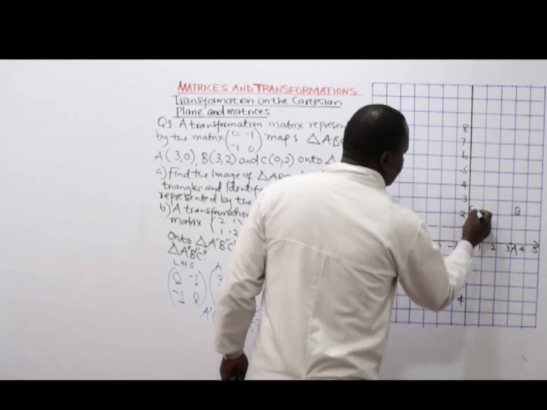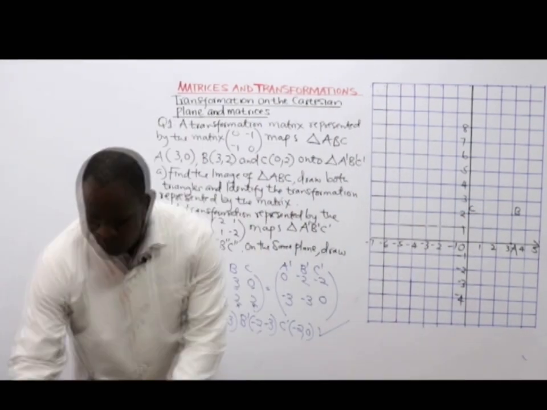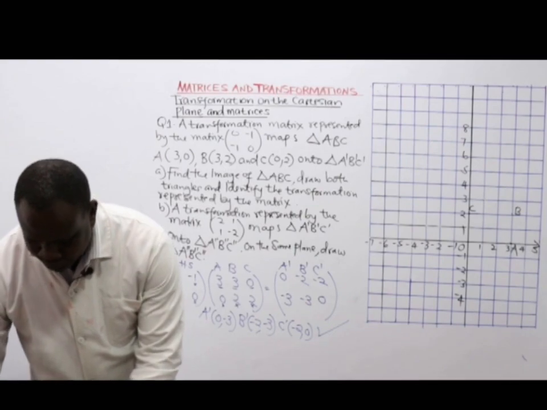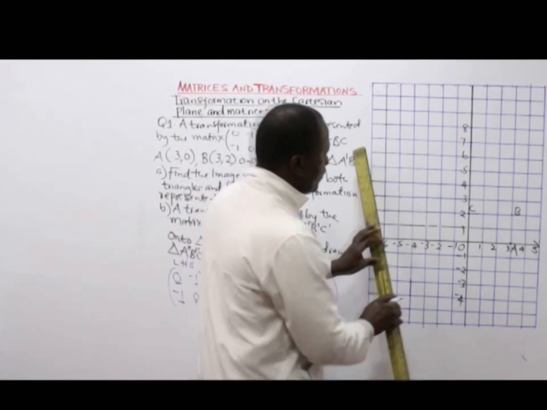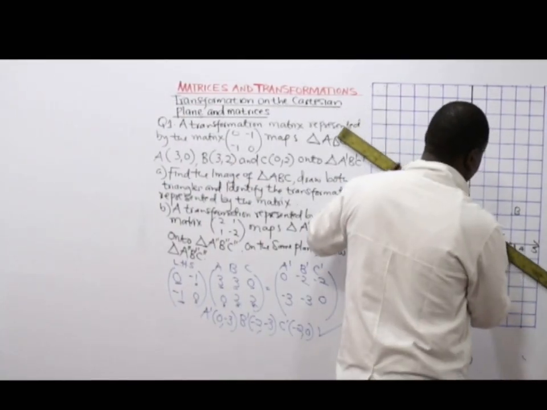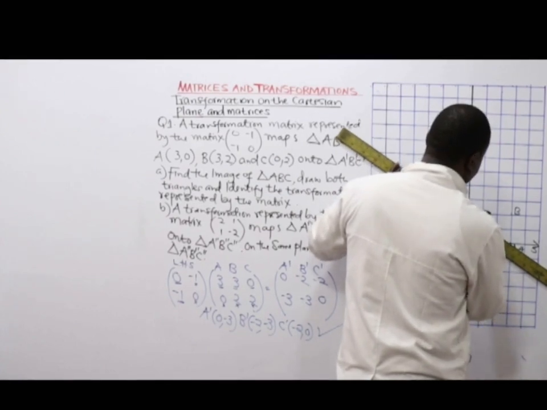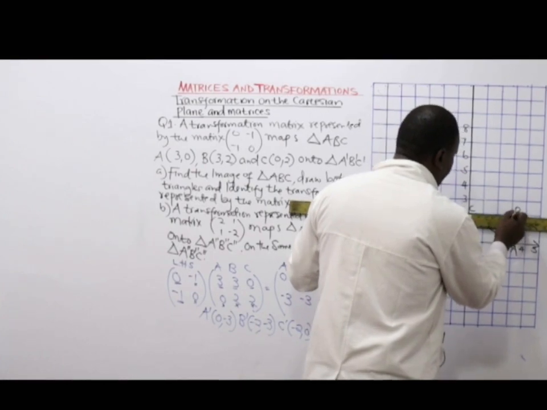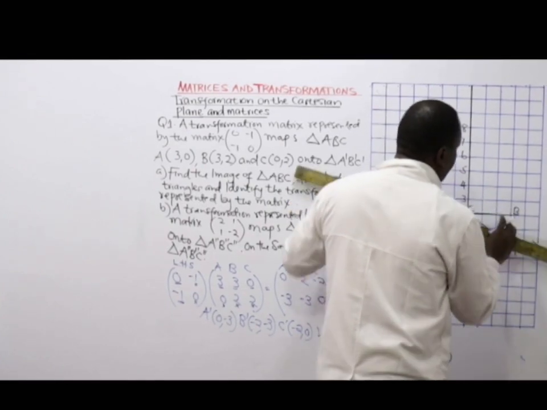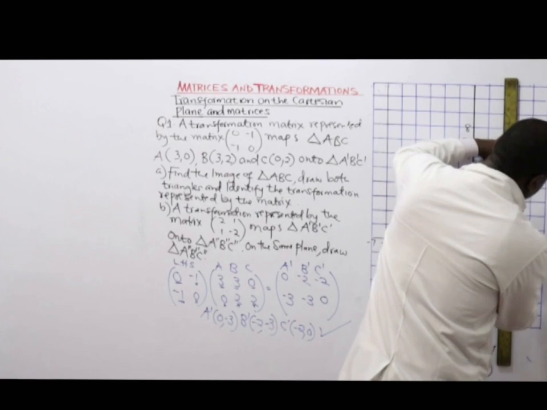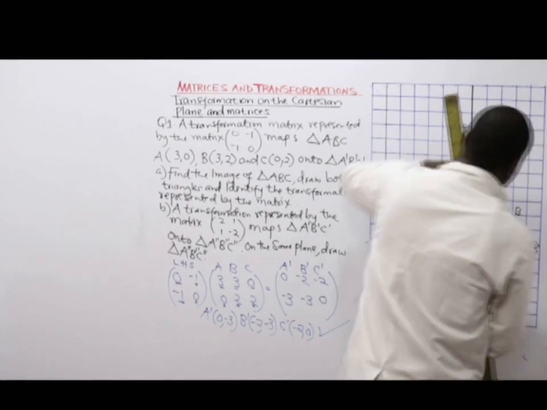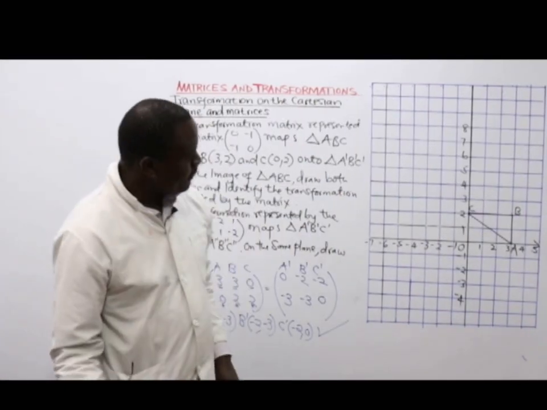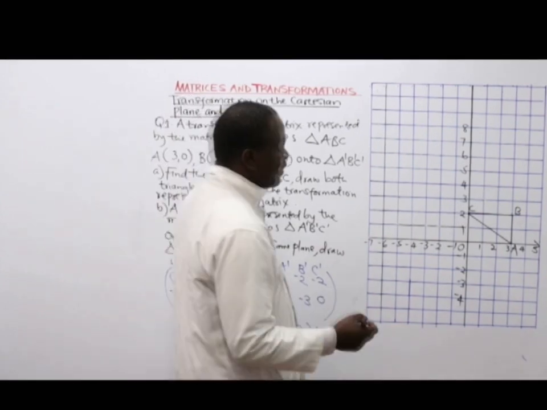That is C. Then we join with the ruler. That is the object. You get a mark for that.